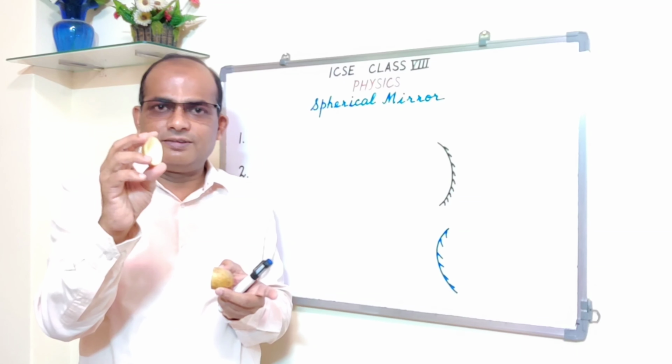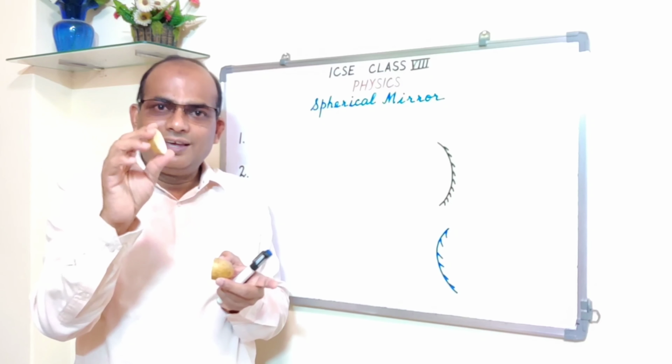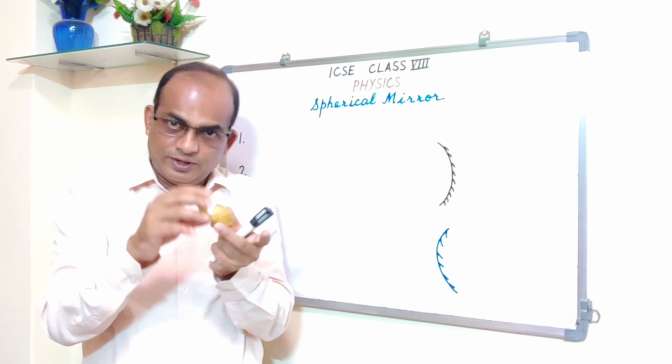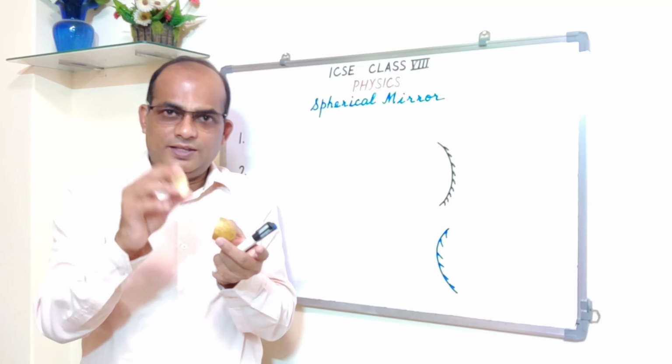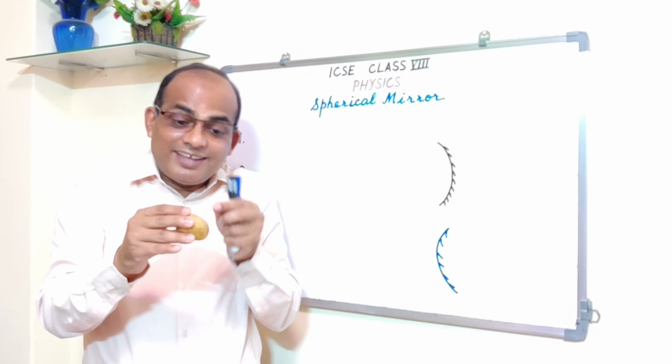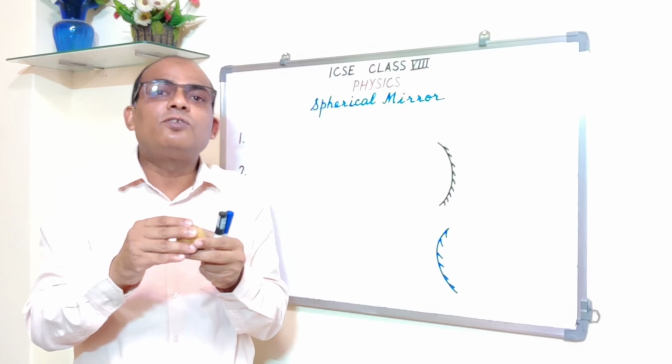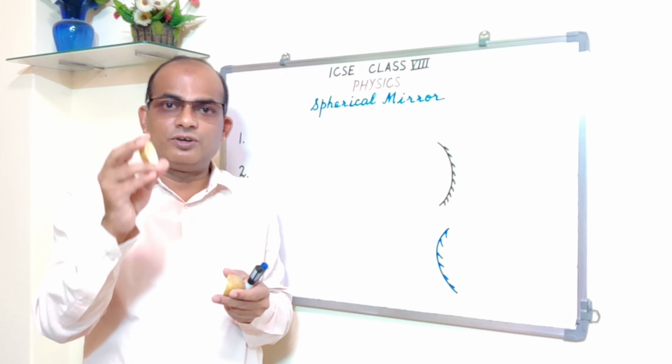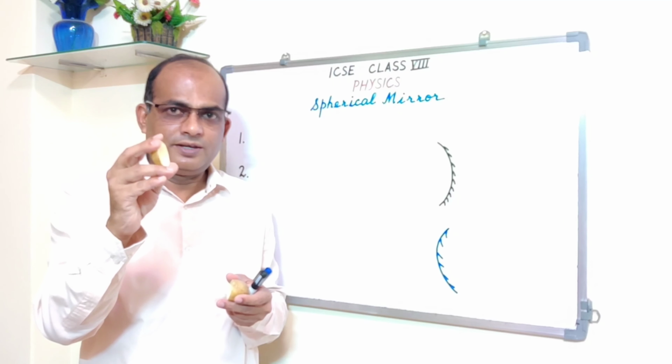The reflecting surface is a part of a sphere, and the center of the sphere is called the center of curvature of this spherical mirror.